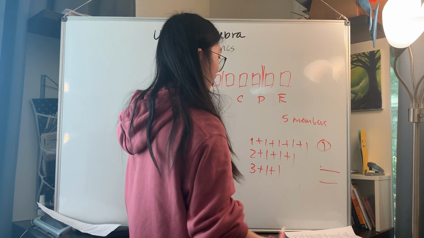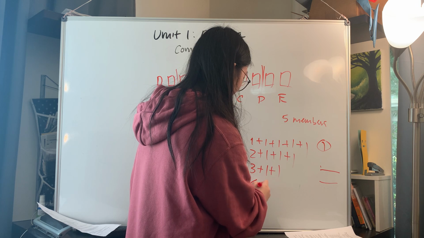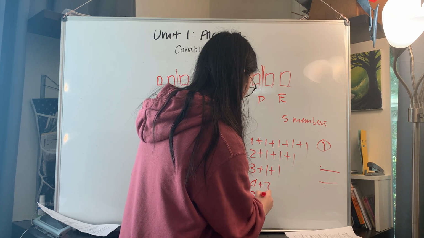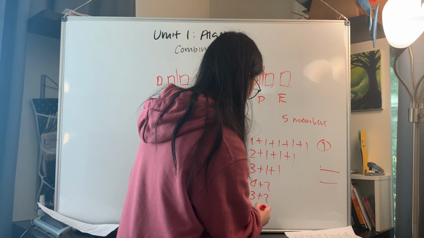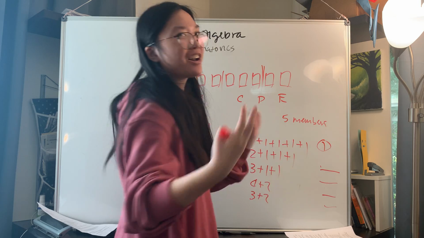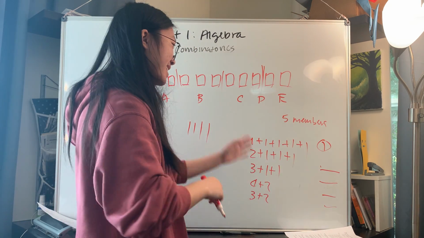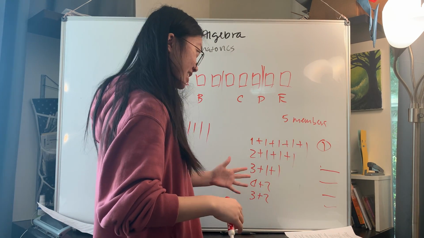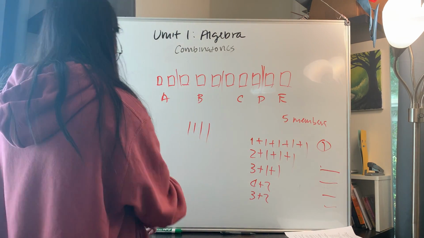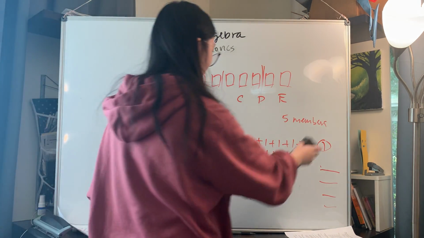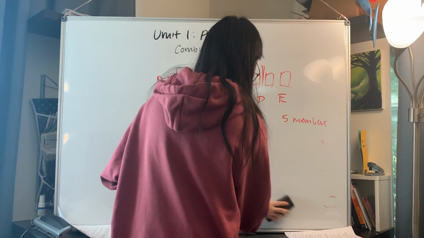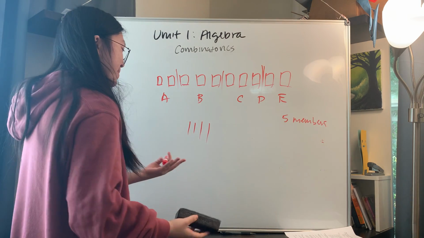But then you also have situations like 4 plus 2, or 3 plus 2. There are just a lot of different ways you can split this up. And so this is really ineffective and inefficient when solving this problem. But because I've taught you this concept of sticks and stones, it'll be a lot easier if you visualize it in this way.